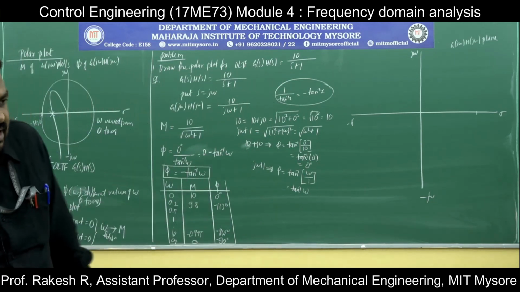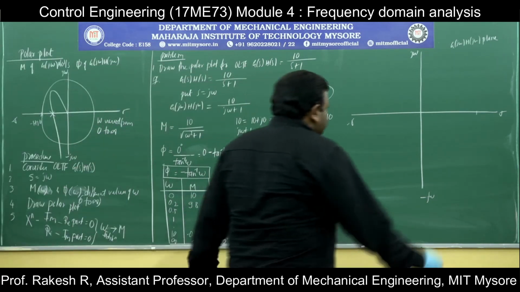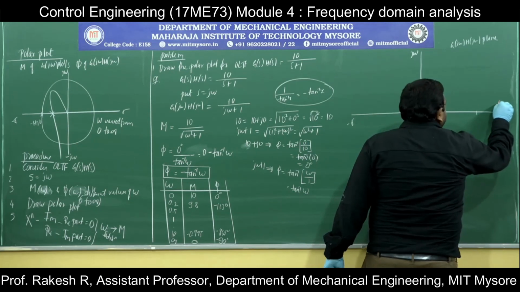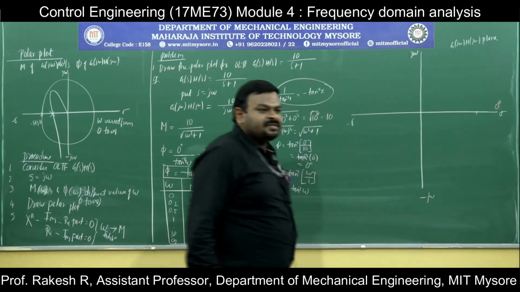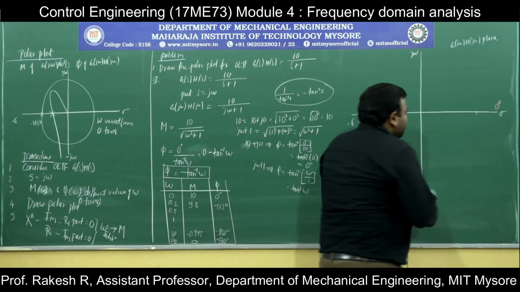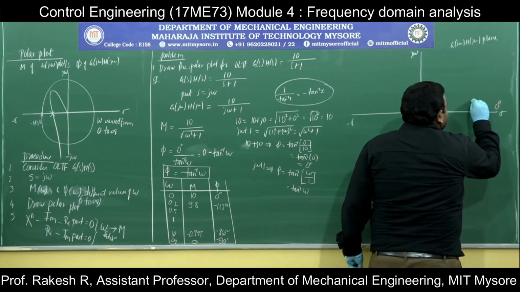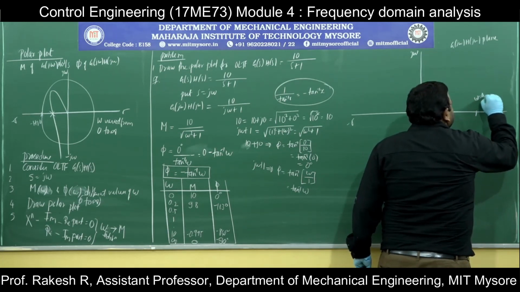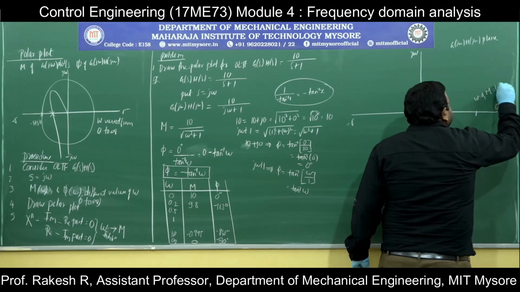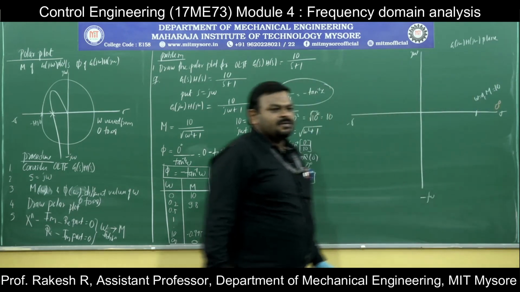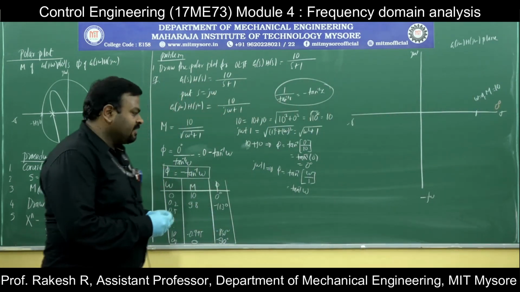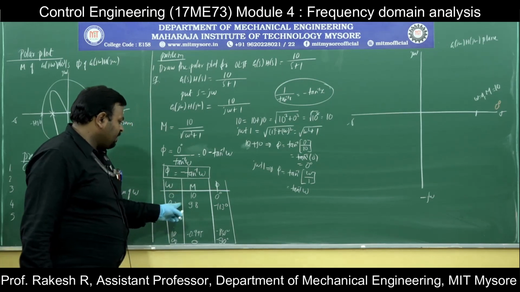When omega is equal to 0, what is the phase angle? So phase angle is 0 degree. Then positively the magnitude will be here only. This is magnitude, omega is equal to 0, magnitude will be equal to 10. So this is the first point. What is the second point? Omega is equal to 0.2.